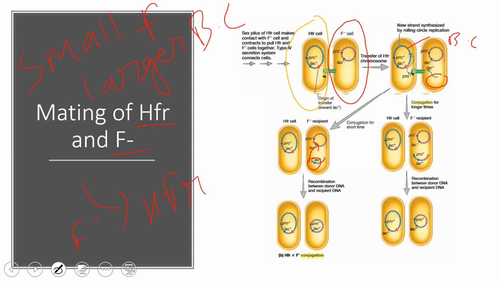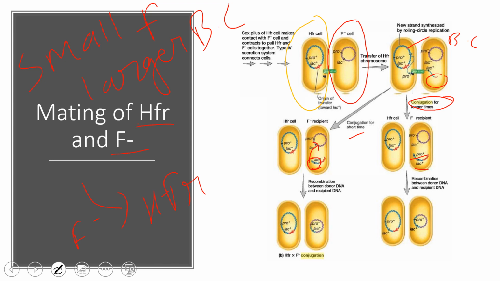Similarly you can see here, if it takes a shorter time, only one gene can be transmitted, for example the lactose gene. But if it takes a longer time, then many genes can be transmitted, for example the lactose or the proline genes. So this is what it is showing here.